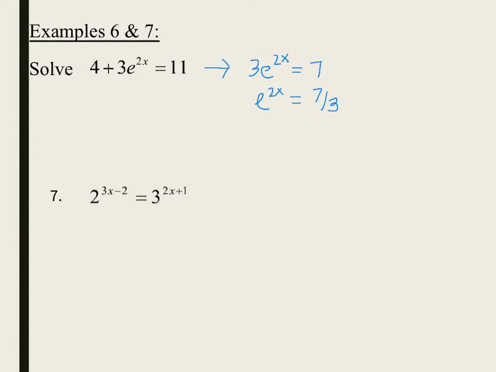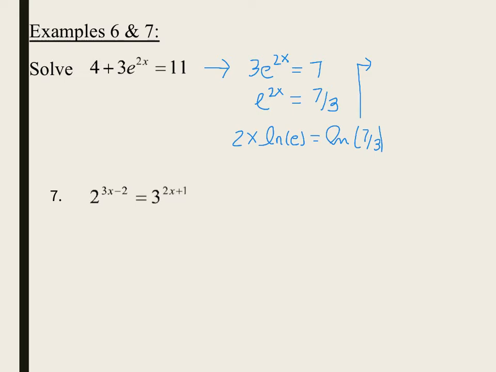Now we can take the logarithm of both sides. So this is 2x natural log of e is equal to the natural log of 7/3. And now we know what log e is, it's just 1.